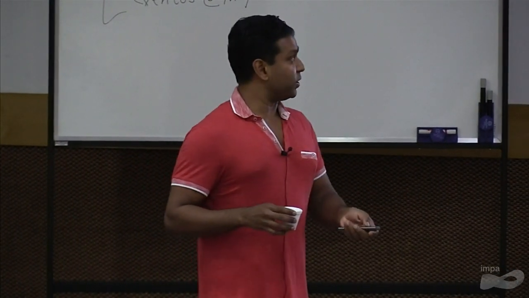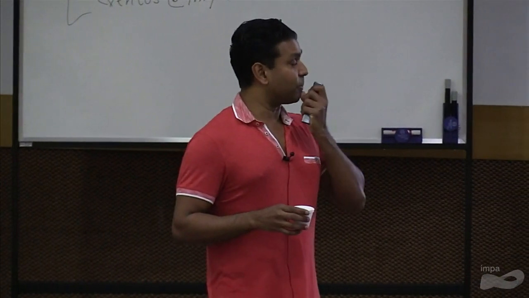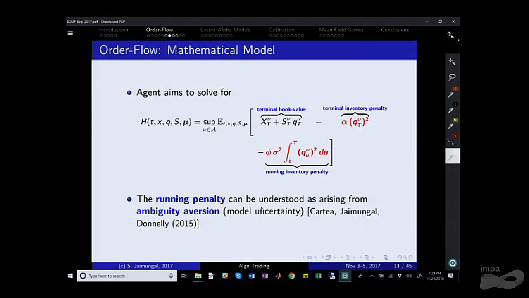So what we're going to do is, the agent is looking to solve a problem of this type, where they're trying to find the optimal strategy within some admissible set of strategies. Those admissible strategies are square-integrable strategies that are adapted to the filtration generated by the price process and their own inventory. And order flow as well is going to be incorporated in there.